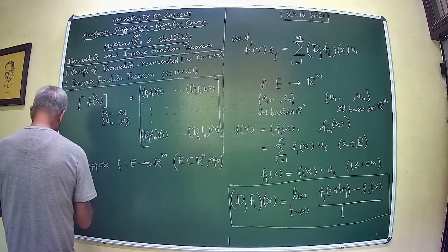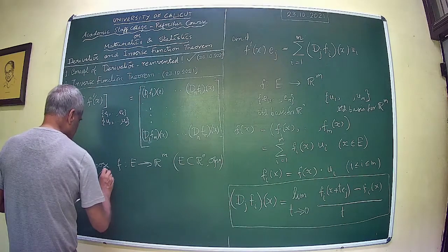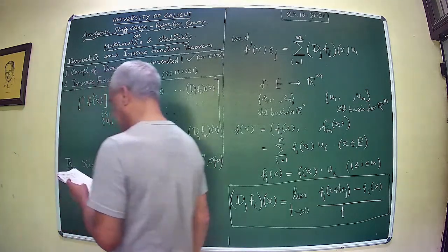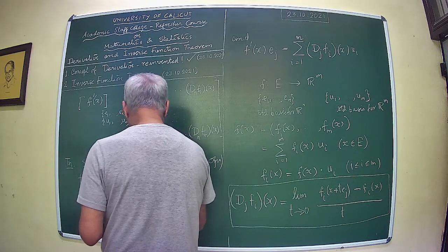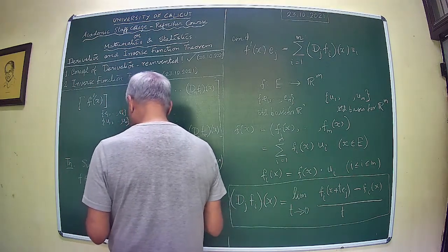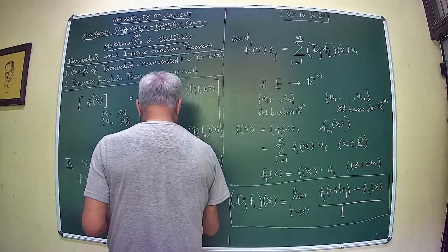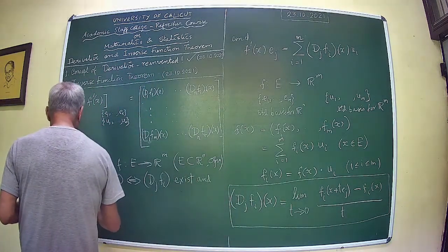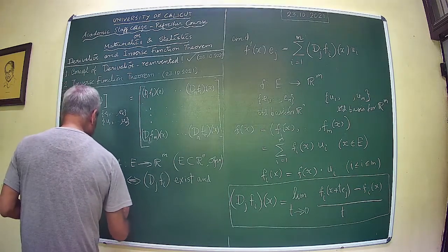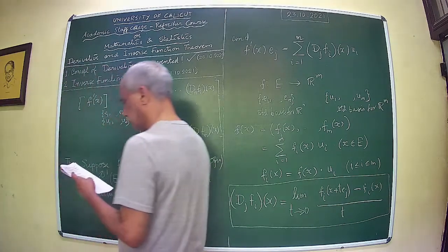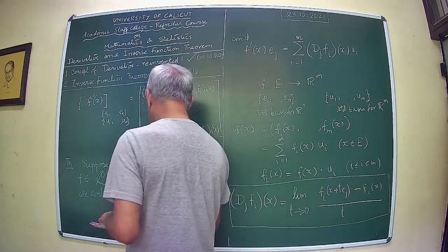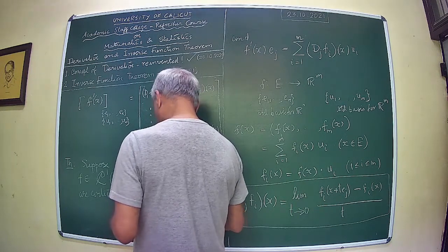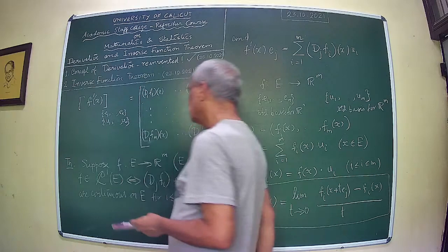Then f belongs to C^1(E) if and only if, this is a nice theorem, d_j f_i exist and are continuous for 1 less than or equal to i less than or equal to m, 1 less than or equal to j less than or equal to n. This is the theorem.